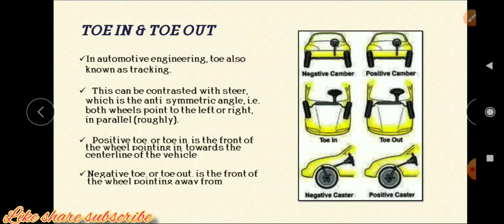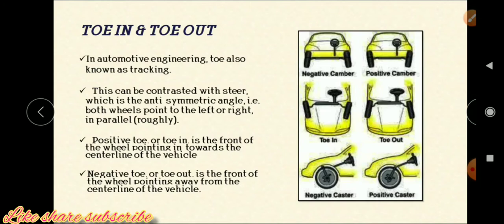Positive toe, or toe in, is the front of the wheel pointing towards the center line of the vehicle. Negative toe, or toe out, is the front of the wheel pointing away from the center line of the vehicle.